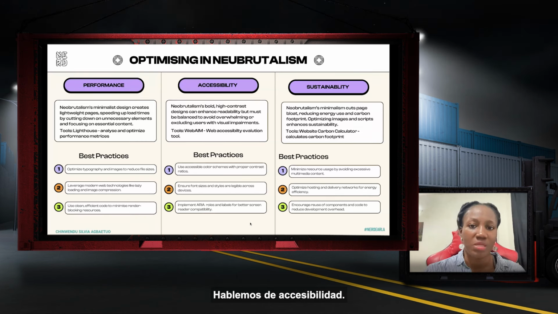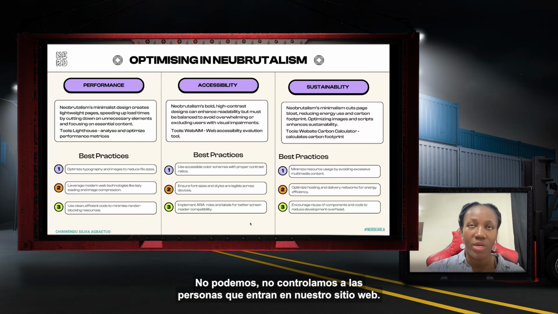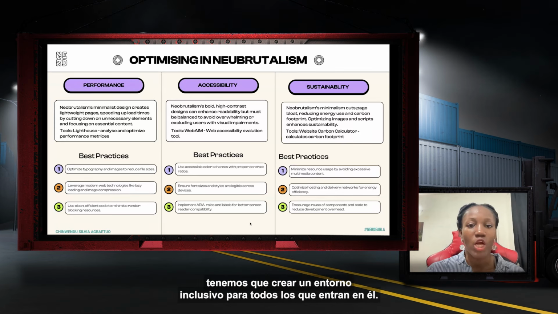Let's talk about accessibility. We don't control the people who come on our websites. So as much as possible, we have to create an inclusive environment for everyone who comes into it.